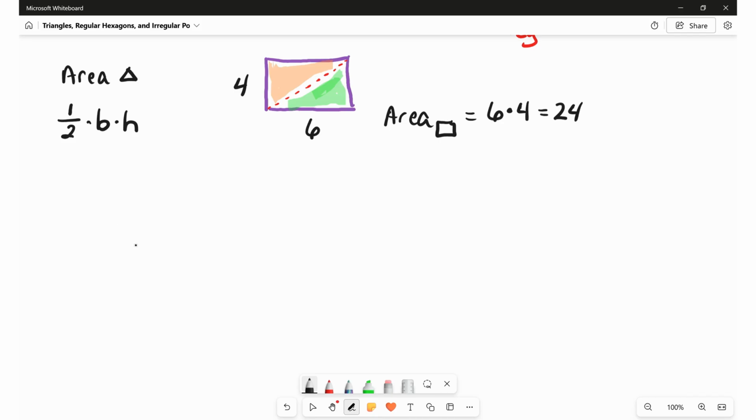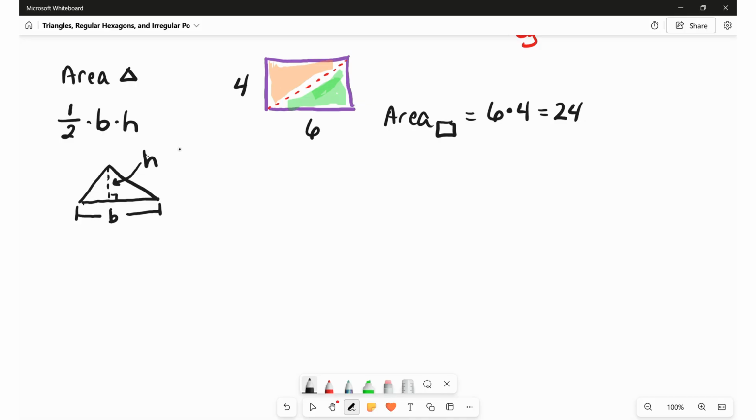Okay? So if we have any triangle, and I'm going to draw a triangle like this, you need to keep in mind that this is the length of the base, and this is the height.